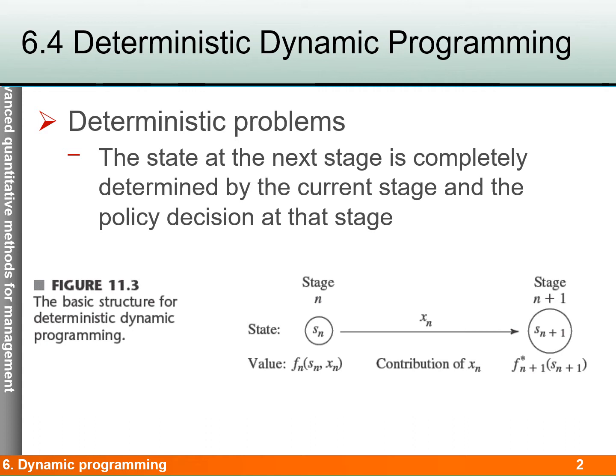Based on the question of the example, optimizing with respect to Xn then gives Fn star of Sn equal to Fn of Sn and Xn star. As you remember, we are talking about the same notations and the same elements that we learned in our prototype example, the stagecoach problem. In the next slide, with some examples, we focus more on this concept and learn it better.